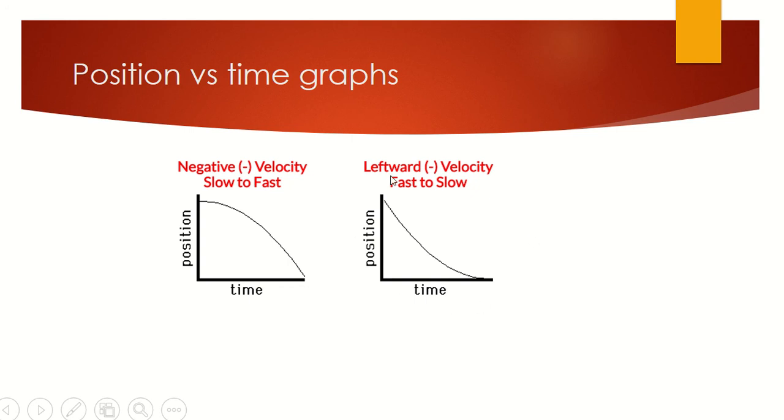So this is a graph of negative velocity but with positive acceleration. It might be a bit confusing, but once you have a play around with a running man, hopefully these ideas start solidifying if you are a bit confused.